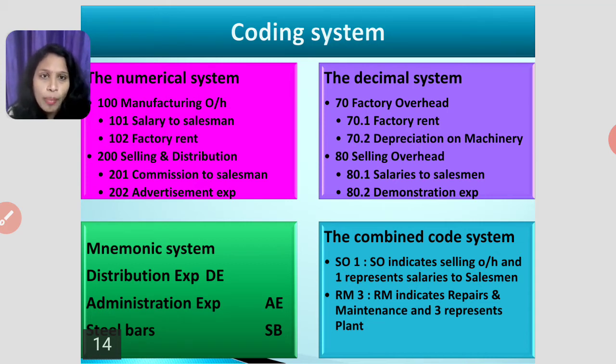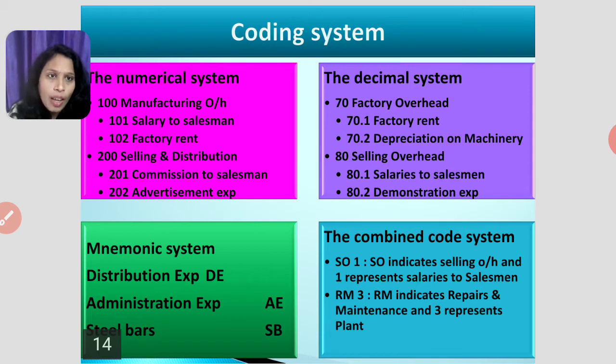It's a coding number. We have already assigned the code; it's salary to salesman. Whenever we assign the code 202, it means it's advertisement expenditure. So these are particularly the numerical systems we assign here. Numerical numbers, some codes, we give to particular expenditure. So it's a coding system under the numerical system.